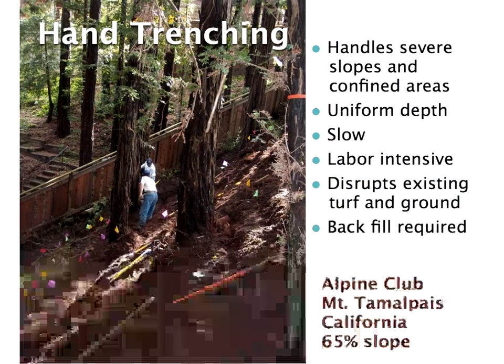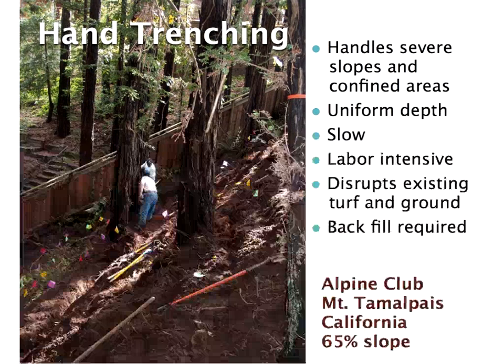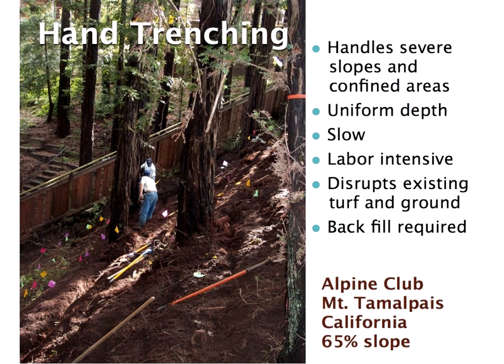On very steep slopes, you have no choice. The only way to install it is by hand. It costs a lot of money in labor, but sometimes when this is the only way you can build the house, or in this case, build the club, you have no choice. You just have to do it by hand.